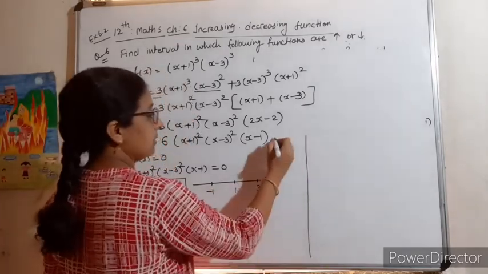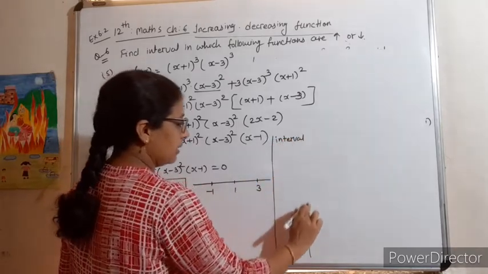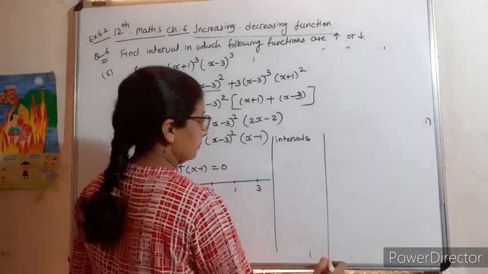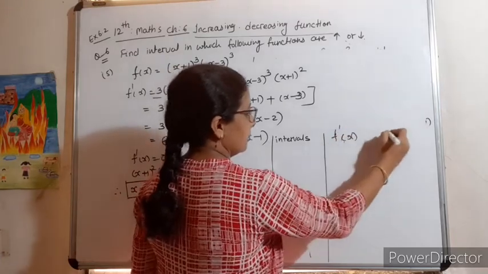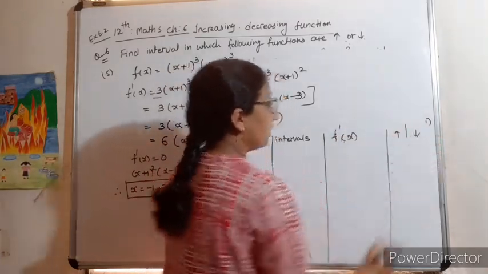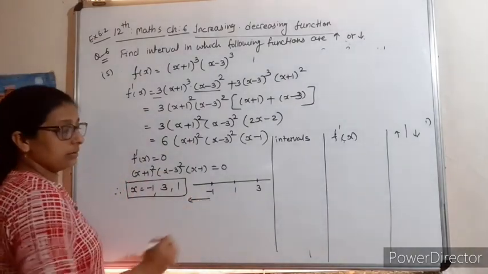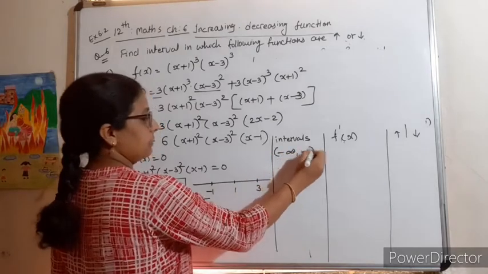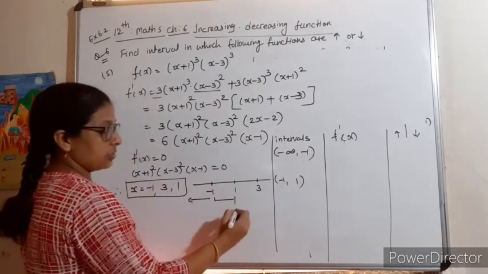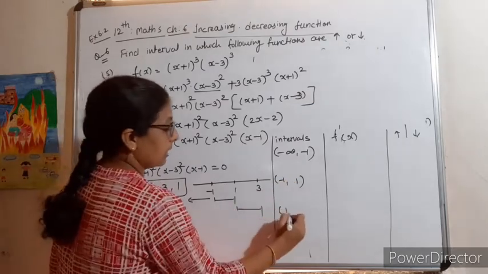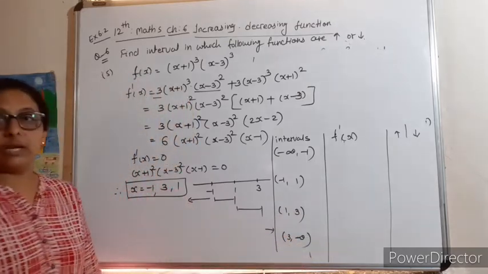Here it is interval, here f dash x, and this is increasing or decreasing. By this way we can do it. Yes, first interval होगा minus infinity to minus 1, second interval होगा minus 1 to 1, third interval होगा 1 to 3 and the fourth interval होगा 3 to infinity.